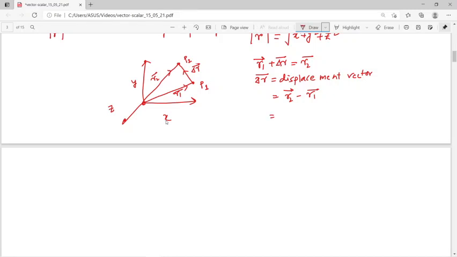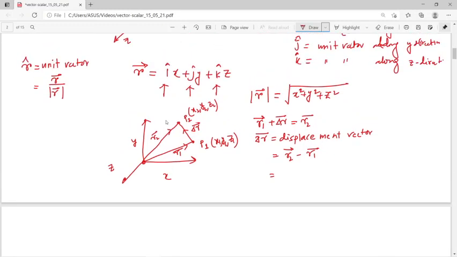And if the coordinates of r2 are x2, y2 and z2, and of r1 are x1, y1 and z1, then we know r can be written as i cap x plus j cap y plus k cap z.